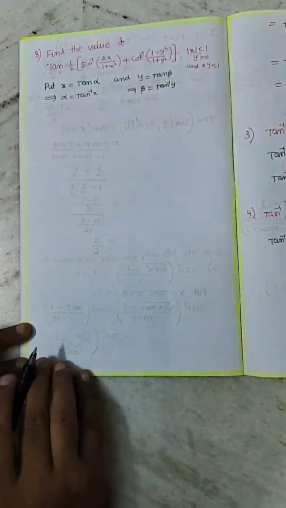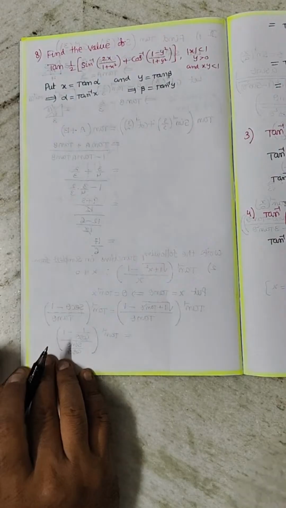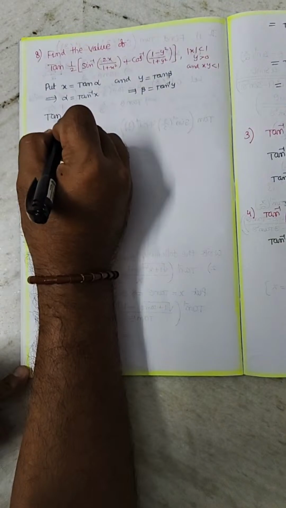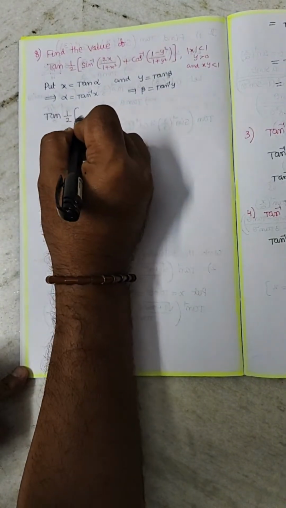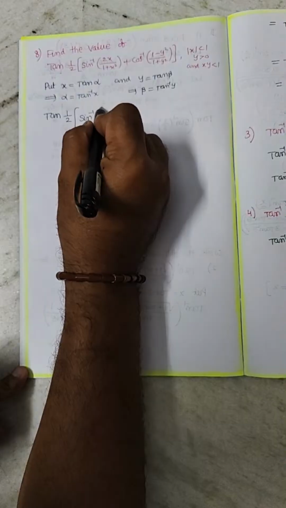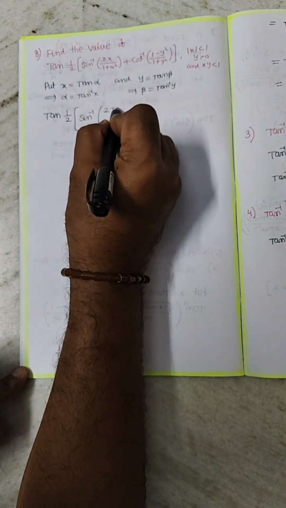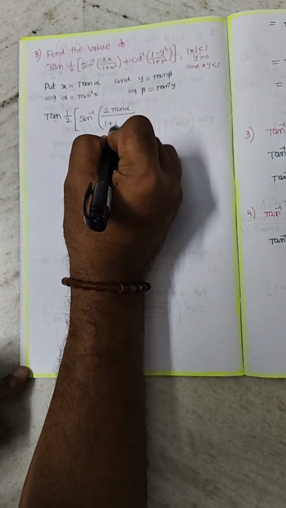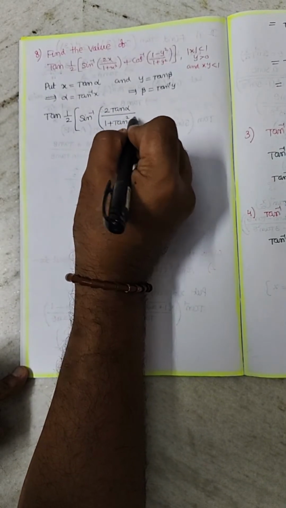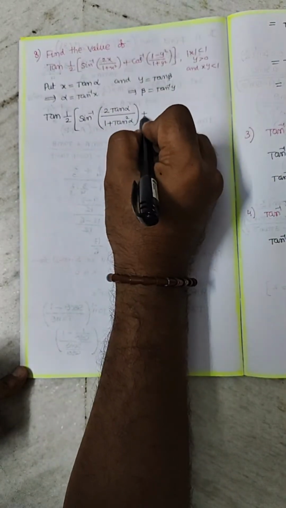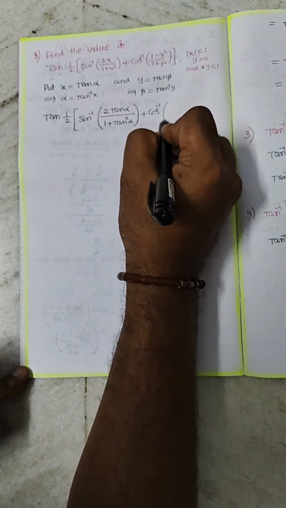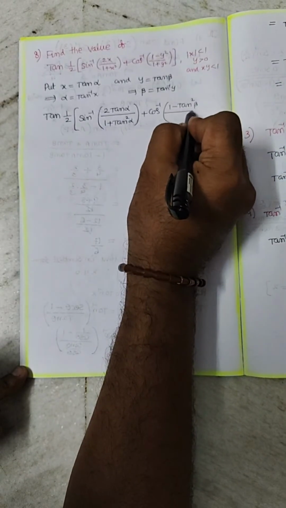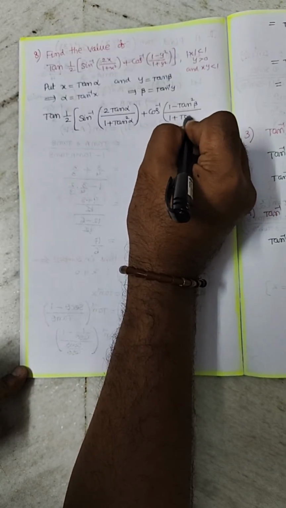Okay, so these values substitute in the above question. Tan of 1 by 2 of sine inverse of 2 tan alpha divided by 1 plus tan square alpha plus cos inverse of 1 minus tan square beta divided by 1 plus tan square beta.